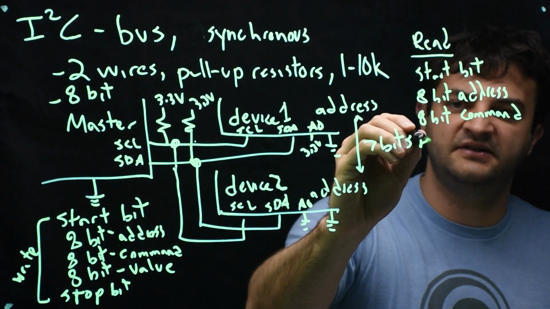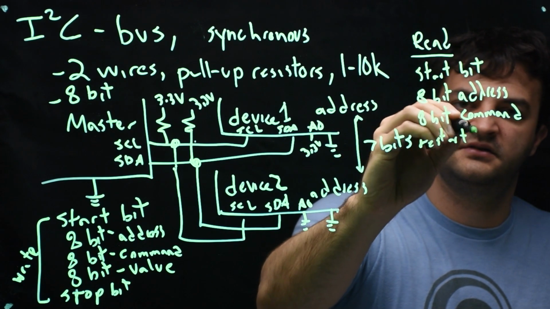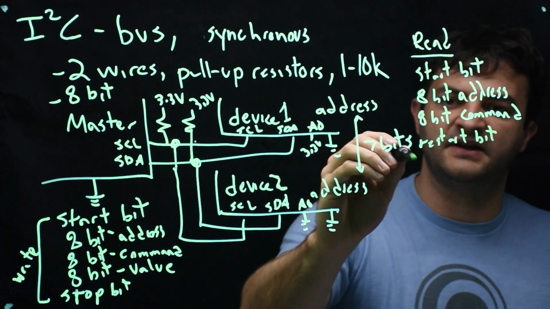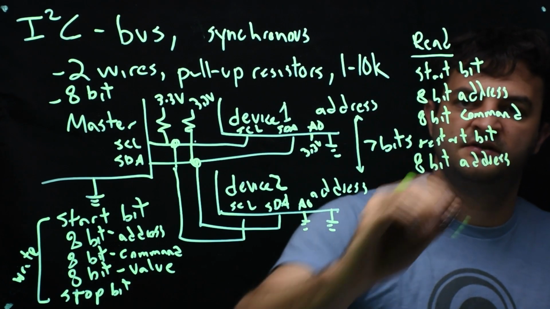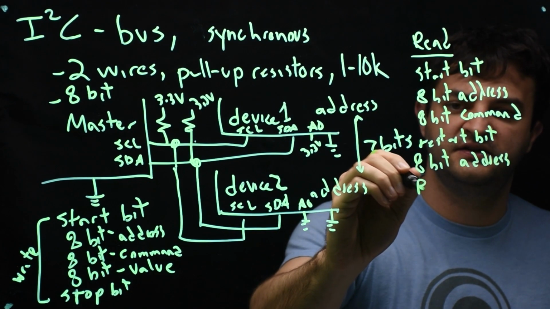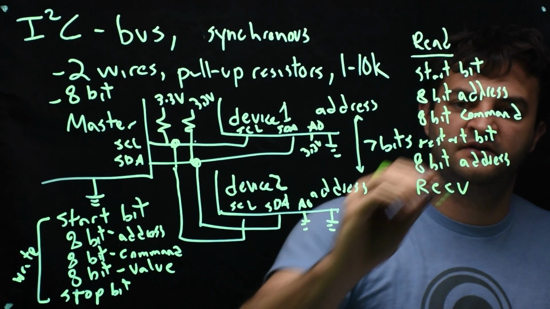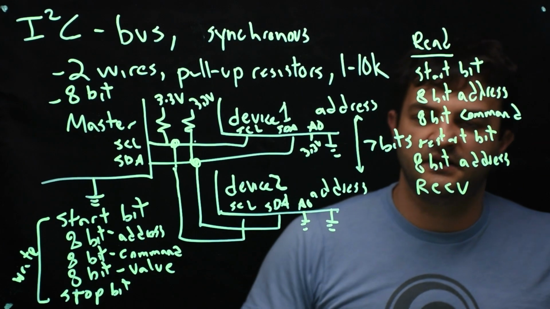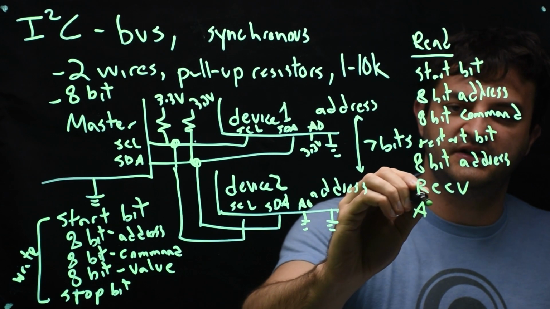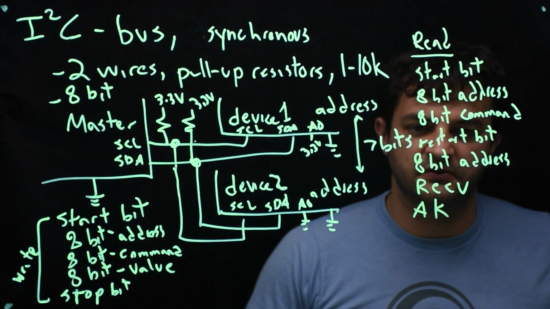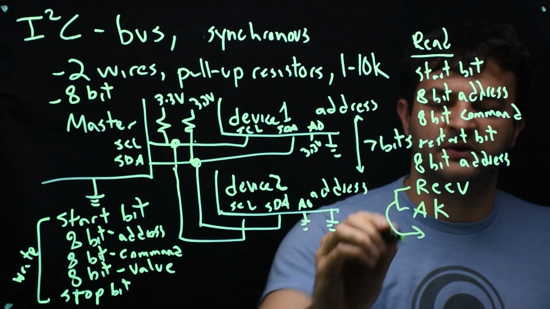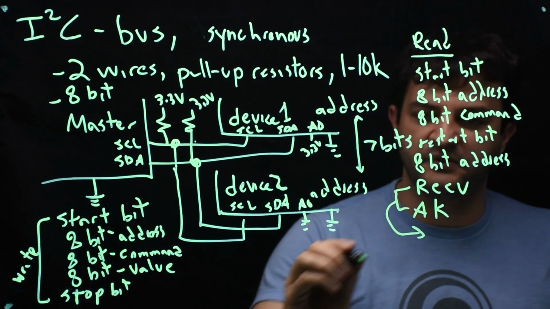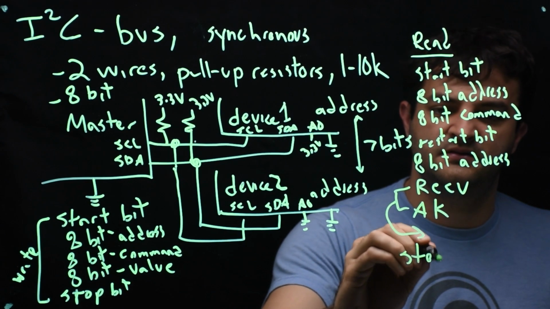Then we send a restart bit. Then we send the 8-bit address. Then we do a read that we usually call receive. Then we have to acknowledge that we got what we were looking for. Then we could repeat the process again if we wanted to receive more than one byte. And when we were done, we would send a stop bit.